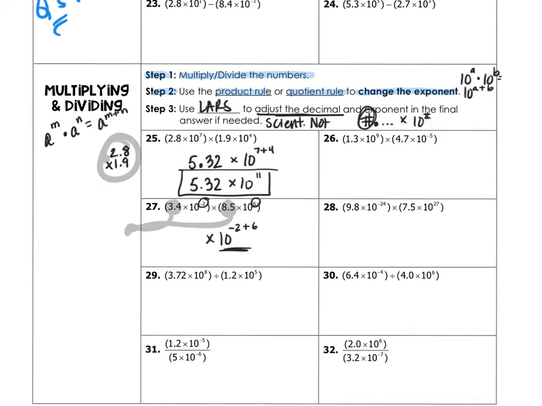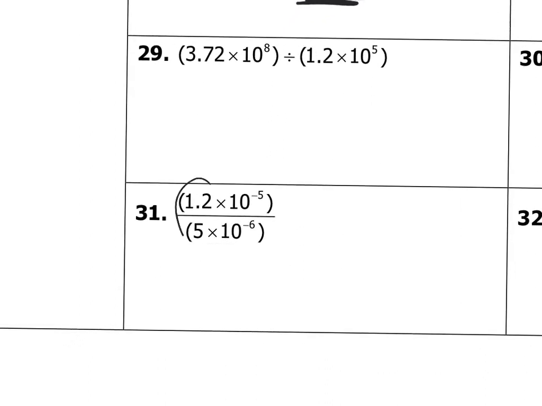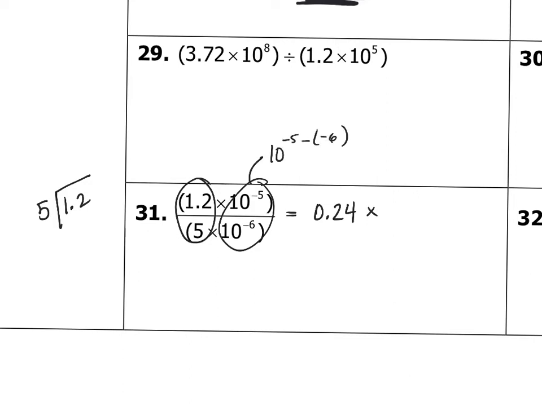For the division, you will divide, so you will do 1.2 divided by 5. And for this particular problem, you get 0.24, that's 1.2 divided by 5. And that's multiplied by, let's do the quotient rule here, 10 to the top minus bottom. So that's 10 to the first power.